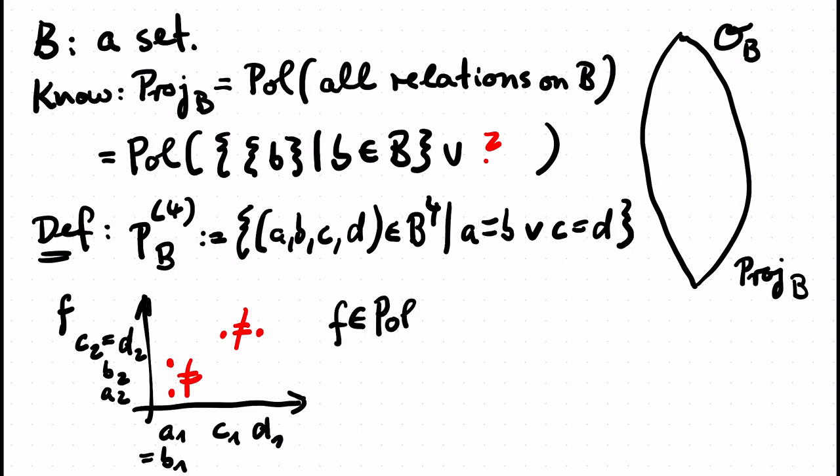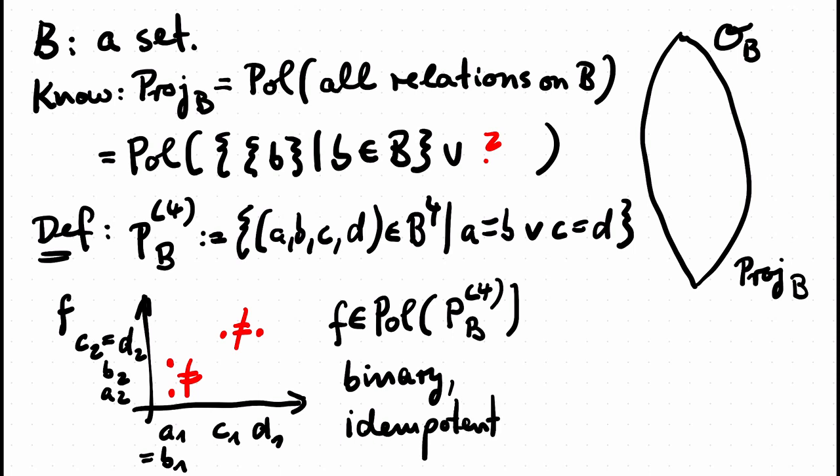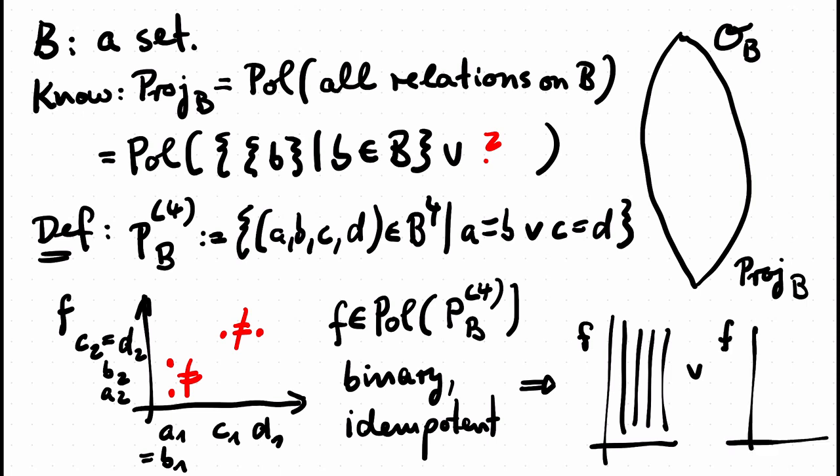What does it mean that a binary idempotent operation preserves PB4? It means that we should not see the situation on the left, no matter how we choose the four tuples a1 up to d1 and a2 up to d2. And it is now easy to see that this means that f must be a projection. I usually draw projections as on the right.